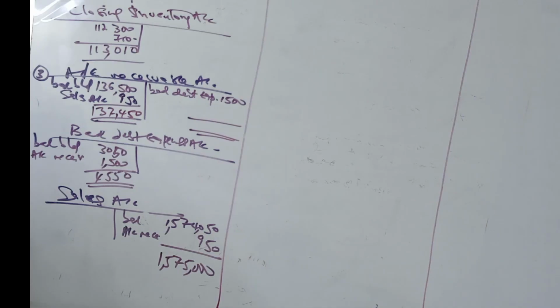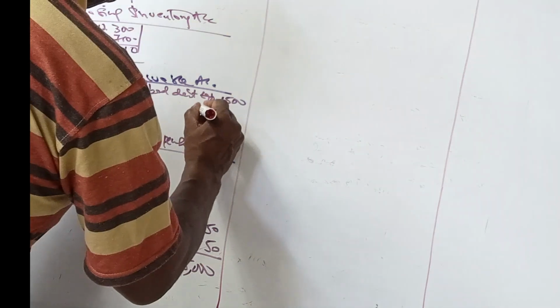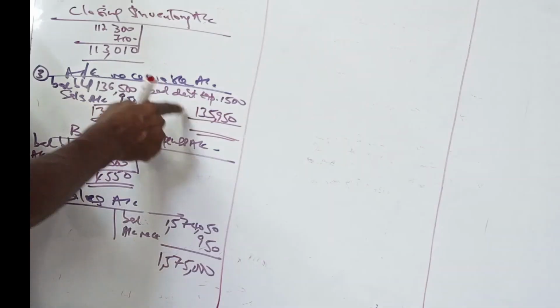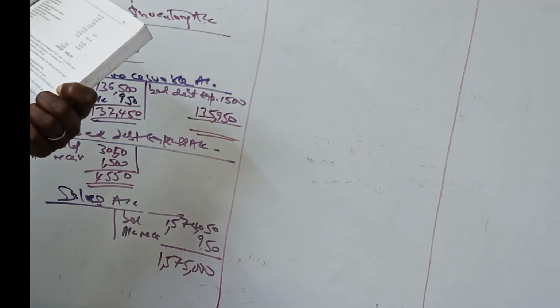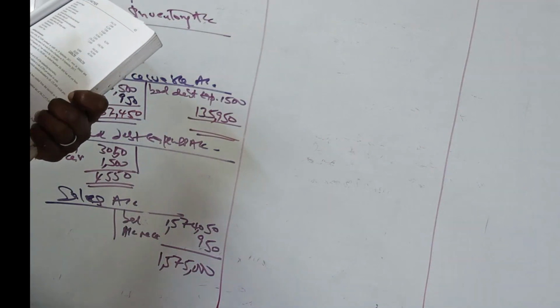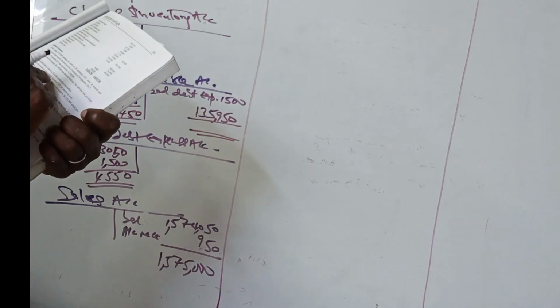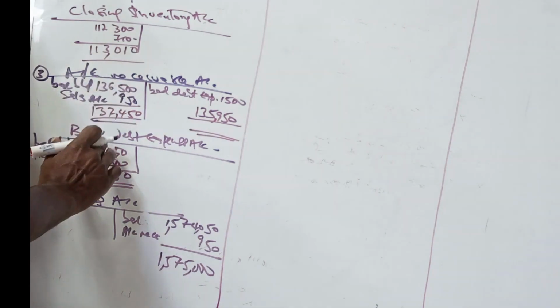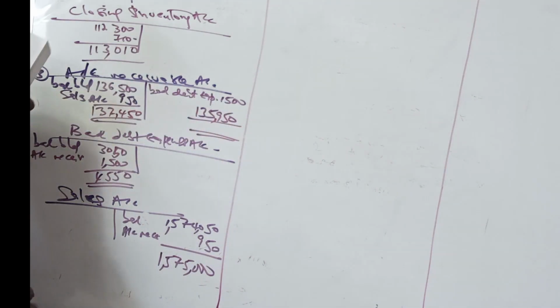We get a figure of 135,950. Now this is our closing debtors, and it is on this that we are now applying the rate of 2%. Number 4, you are told allowance for doubtful debt is to be set at 2% of the outstanding receivables, the receivables after you have deducted the bad debts.